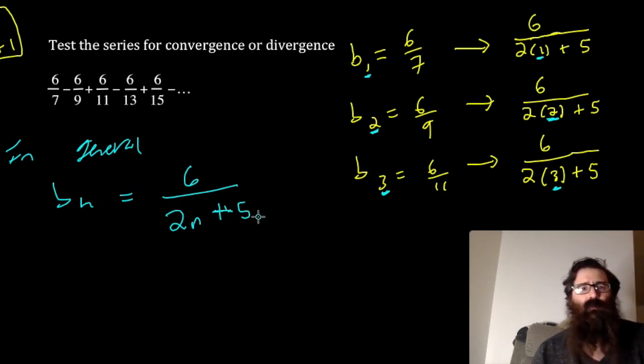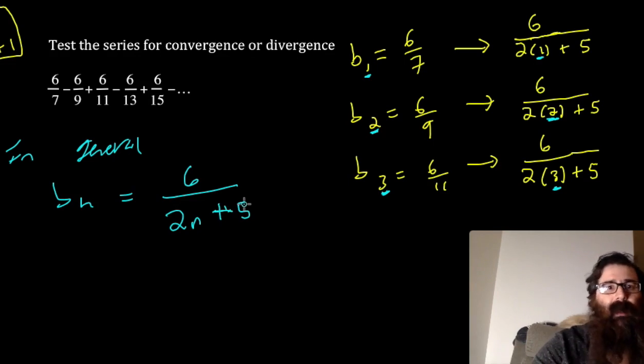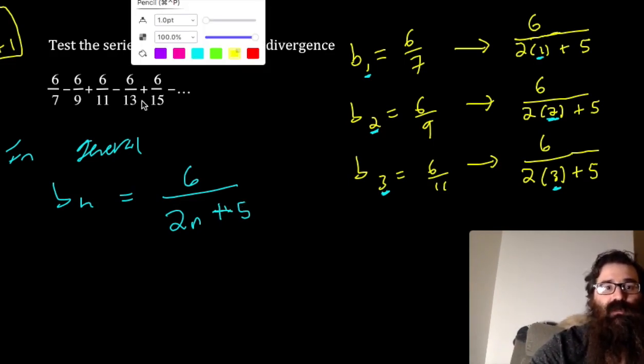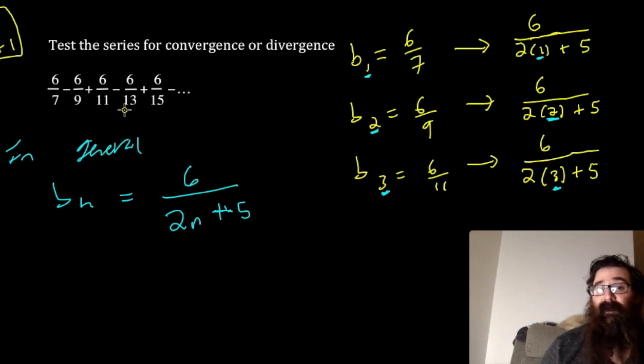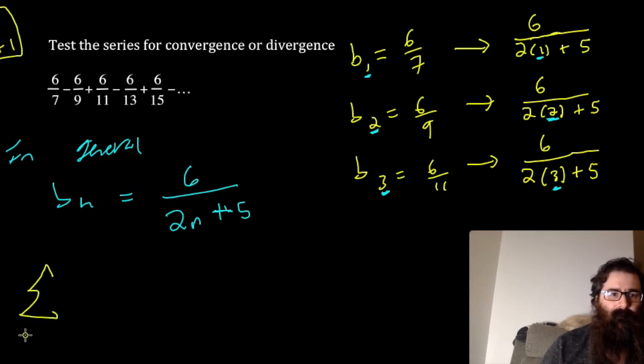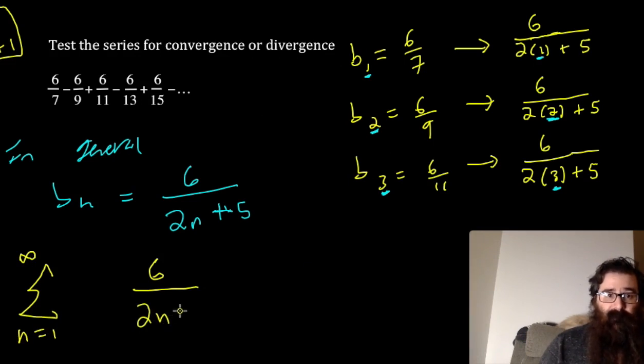Now, if I want to actually write the series out, and I can, I think it's not bad practice, though to be honest, I really just need to notice that it's alternating and then find b sub n in order to use the alternating series test. But just so we're getting a complete survey of what's going on here, let's say the sum from n equals 1 to infinity, since I'm starting at 1, and I have the big part of my generating term, the part I want to work with, 6 over 2n plus 5, but now I just want to fix this alternating sign.